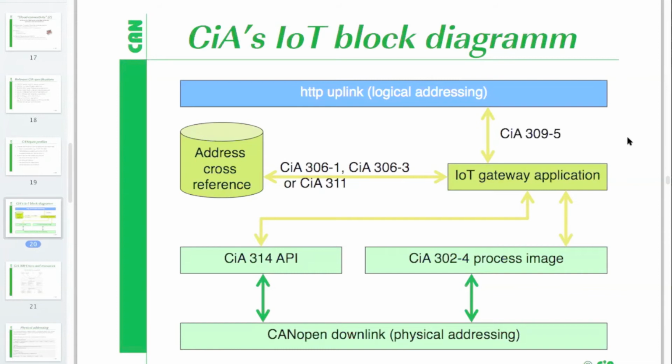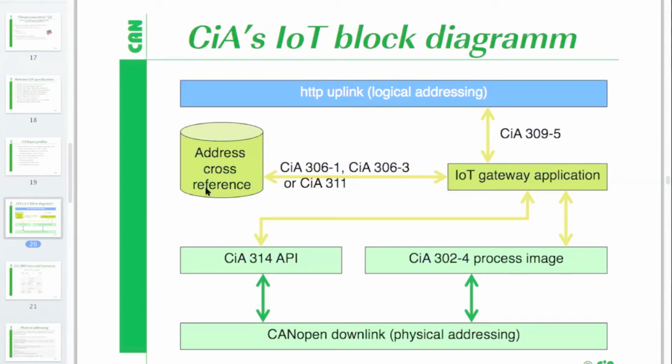With these three things coming into your gateway application, you can prepare all the data using the 309-5 specification to submit the data to the edge gateway, to the cloud services, or to those around with local communication services residing in other neighboring networks.